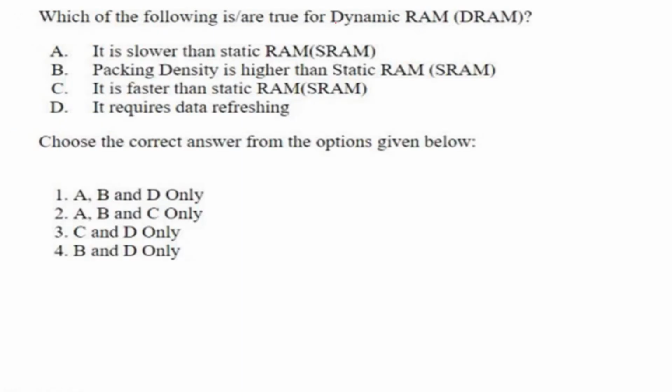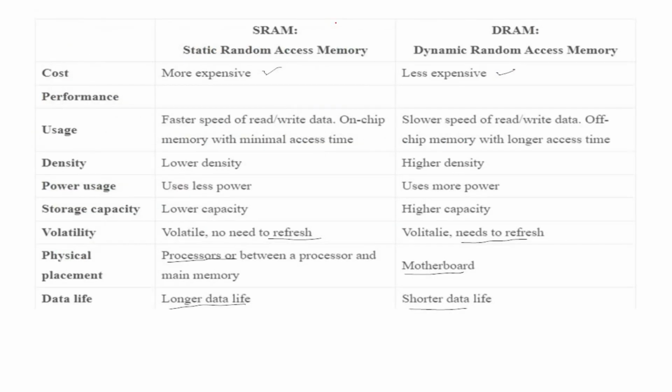Next is, which of the following are true for dynamic RAM? Before solving this question, we first need to see the difference between static RAM and dynamic RAM. Here is the difference: static RAM is expensive, whereas dynamic RAM is less expensive.